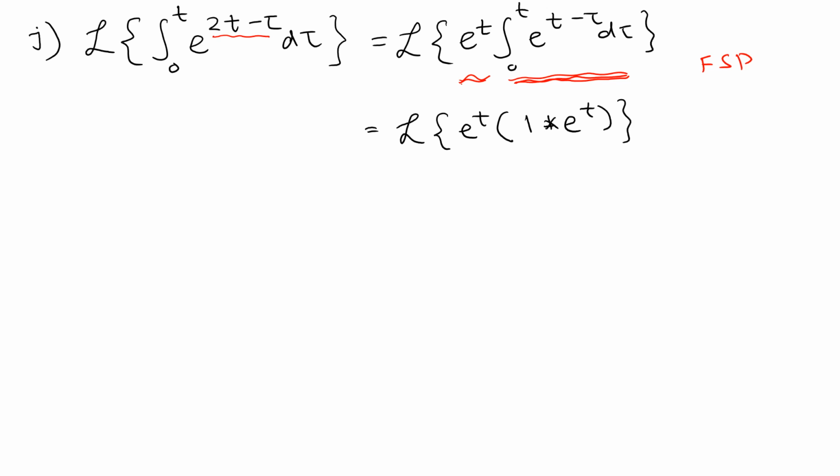So now we use the convolution property here. If you use the convolution property, you find the Laplace transform of this function and then shift it accordingly.